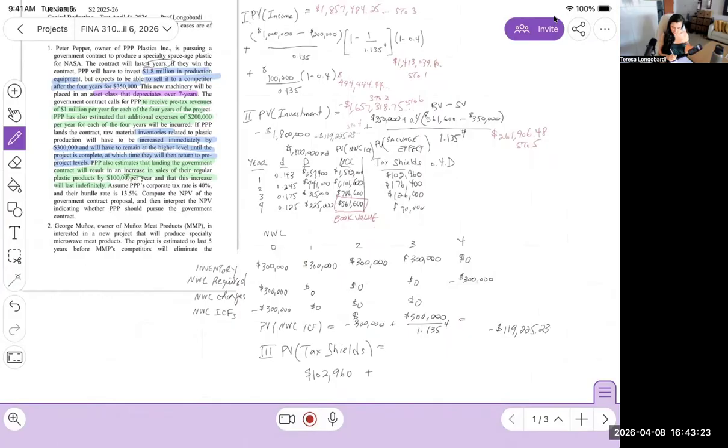Just going to put the numbers down and then the discount rates. Remembering the first one is in 1 year, so this has to be discounted.